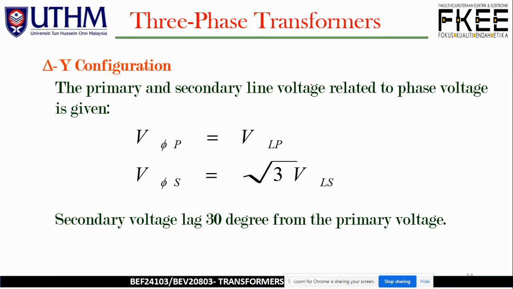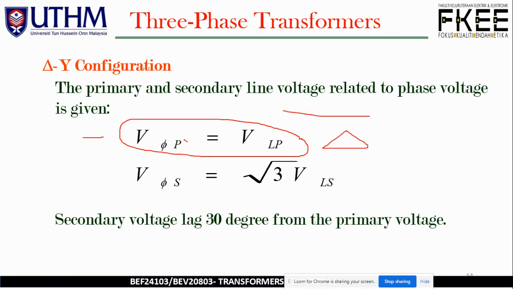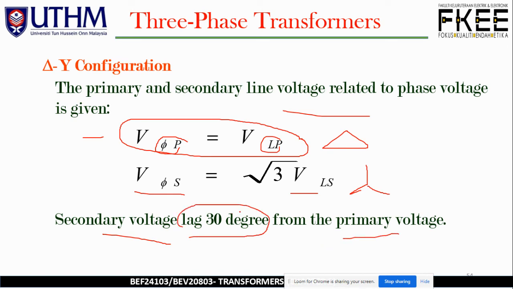So the primary and secondary line voltage related to phase voltage is given again. This is for the delta side, we have phase voltage equal to line voltage, and this is for the star configuration. So we have phase voltage equal to V line over square root 3. So the secondary voltage lags 30 degrees from the primary voltage.